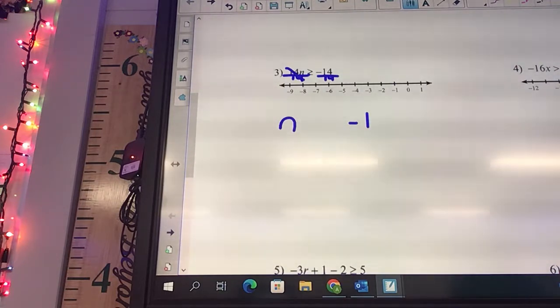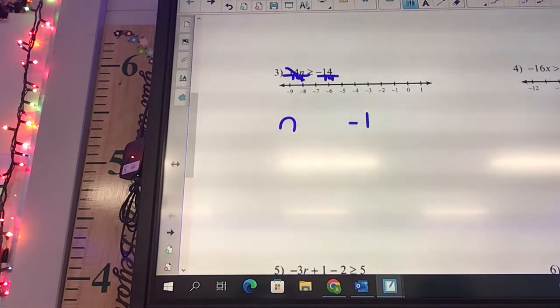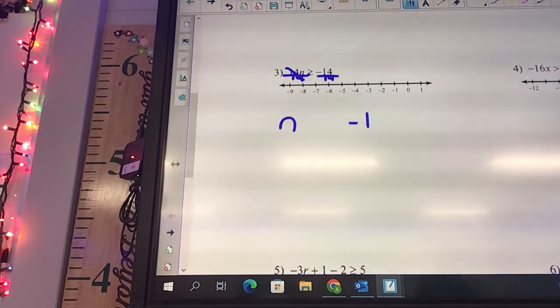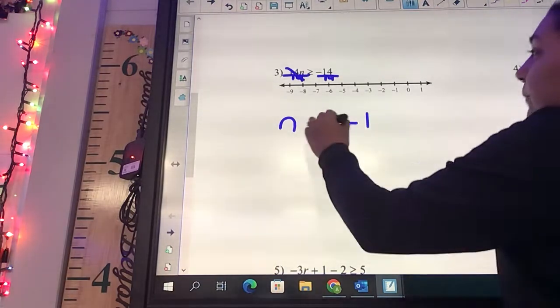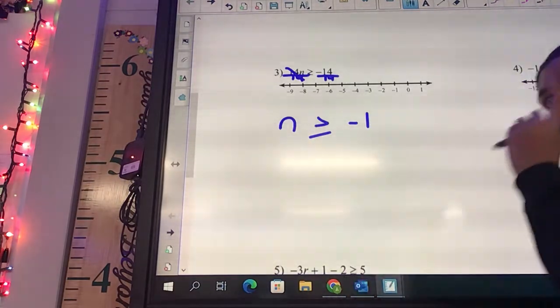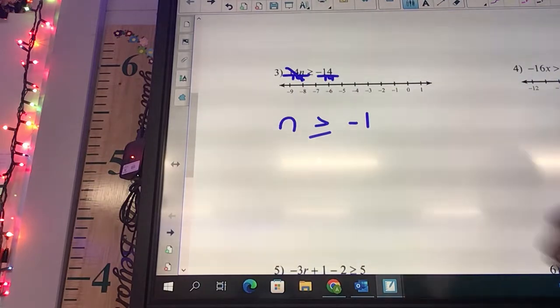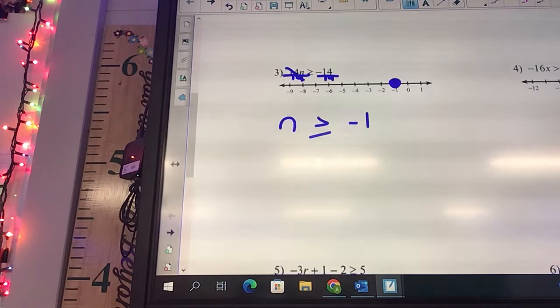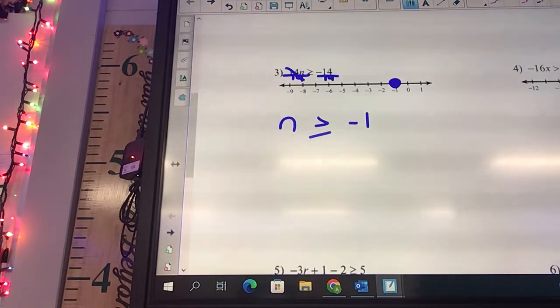Okay, so you can see like underneath the bars, that is positive. So despite the first 14 being negative and our answer being negative, we don't need to flip, okay? So on the negative 1, open or closed? Closed. Going which way? To the right. Good.